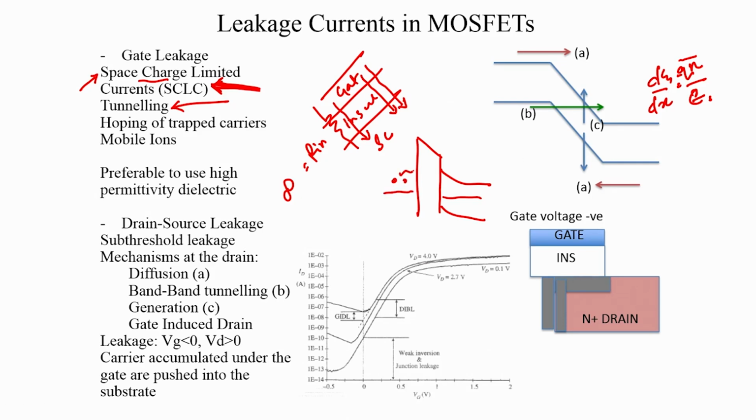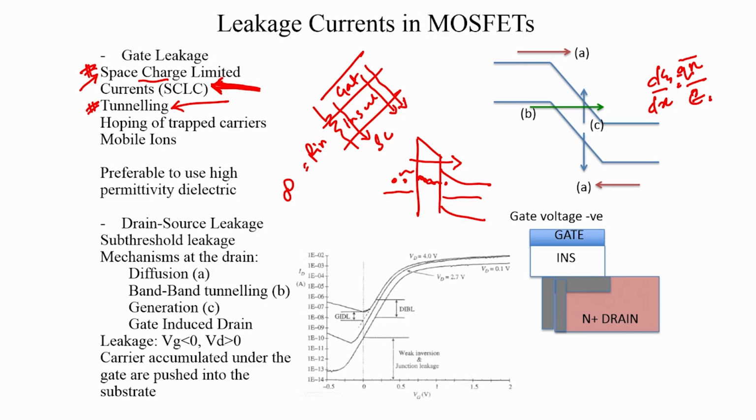These electron wave functions can penetrate this barrier, and these electrons can appear on the other side, and therefore this leads to a current through the insulator, and that is due to tunneling. So, this is another mechanism of charge transport through the insulator.